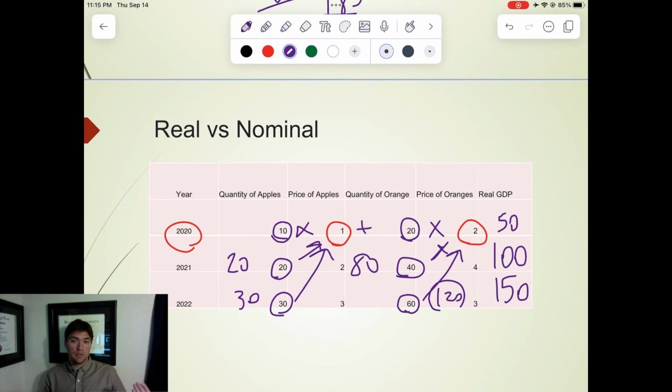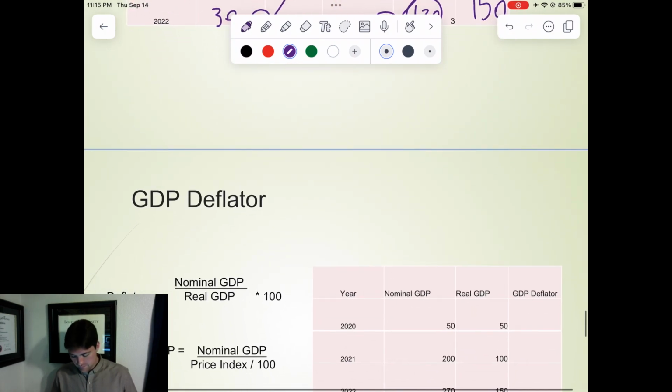But when real GDP comes in, it's like, here are the prices. Are you producing more or less? And here, as we said before, you are producing more. You're going from 10 to 30 apples. So now we know how much more it is, 50 to 150. So that's the difference between nominal and real.